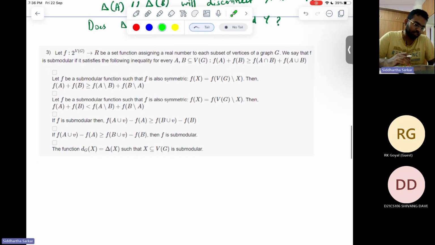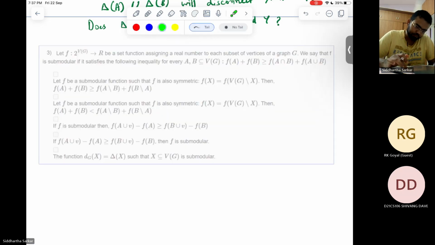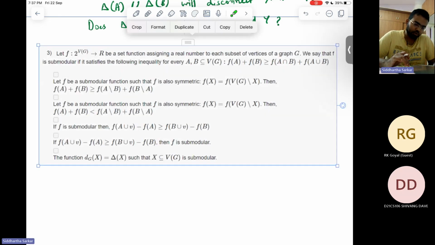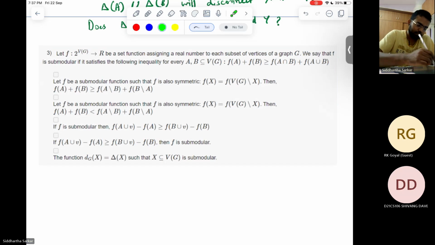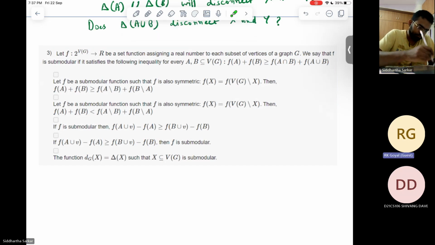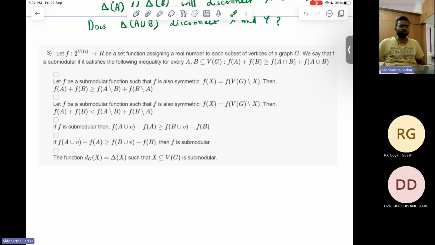Okay, so here is a definition. The definition is that of a submodular function. You are able to see the entire box, right? Yes, visible. So this is defined over all the vertices of a graph. The submodular function need not be defined over the vertices of a graph.